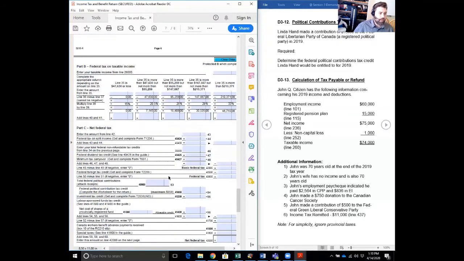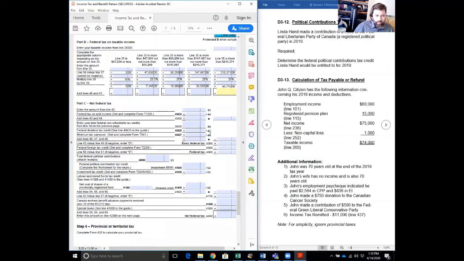We have to calculate our taxes using our tax brackets. Sorry, not our taxes owing, but this will be our taxes calculated before we apply any tax credits, tax reductions, such as payments, taxes we already paid.